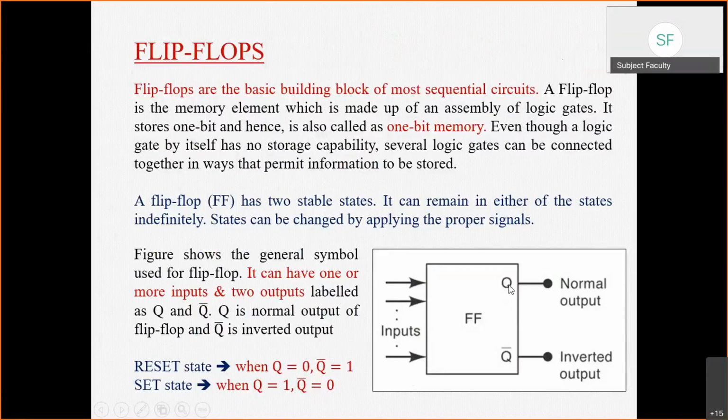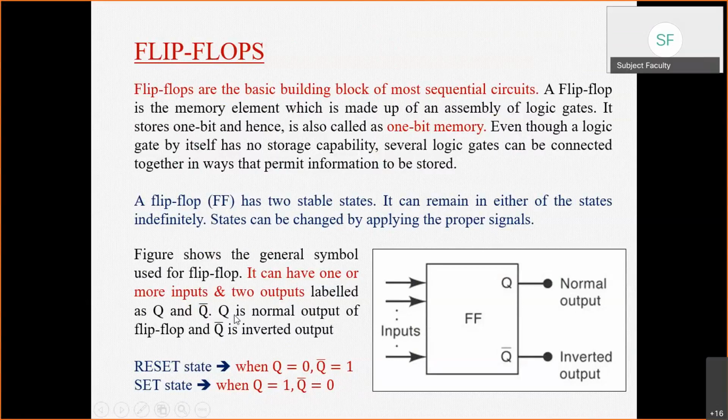The first output is Q and the second one is Q bar, that is the complement of Q. Always remember that whatever the value of Q, Q bar will be its complement. So if Q equals 0, then Q bar will be 1, and if Q equals 1, then Q bar will be 0. Q is also called the normal output, and Q bar is called the inverted output.